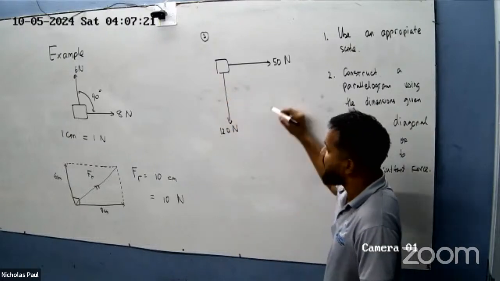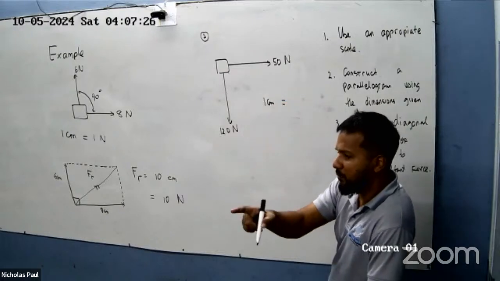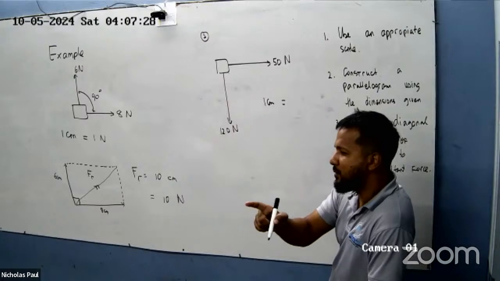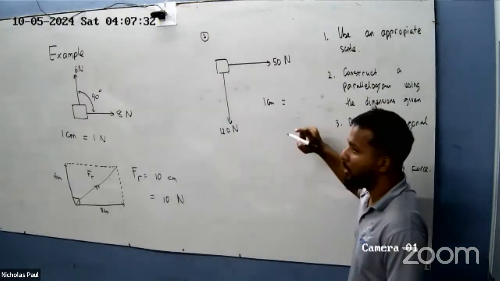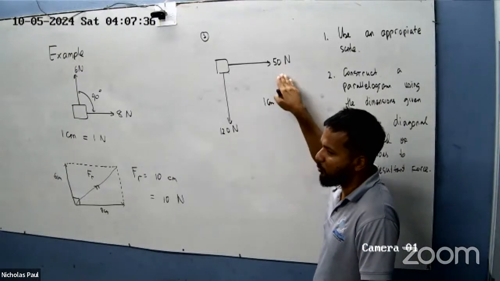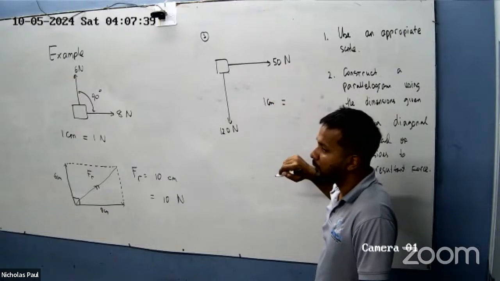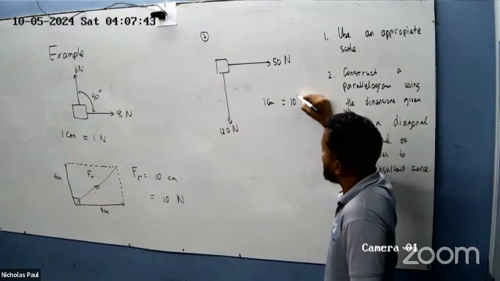So looking for a good scale to use here. What's a good scale? Ethan, what's a good one? Of course, I can't put 1 centimeter is 1 newton. 10? Okay. So Ethan said 1 centimeter, 10 newtons.